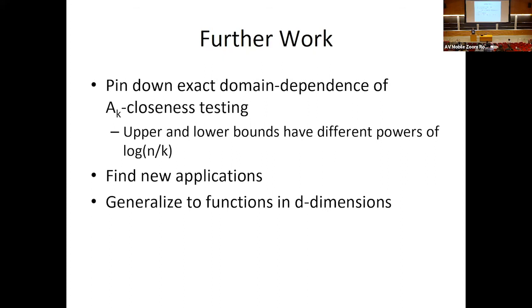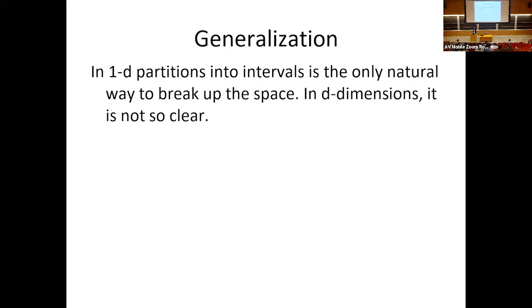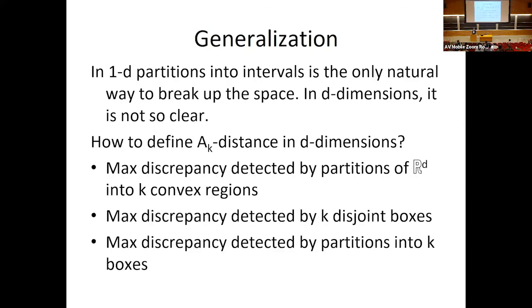Well, I think a lot of the problems come up even when D equals 2. One of the main problems is just how do you generalize AK distance? The work that has been done has been packings with rectangles, but do rectangles actually really capture the distributions that we want? What if what you're looking at is a family of 2-dimensional Gaussians?